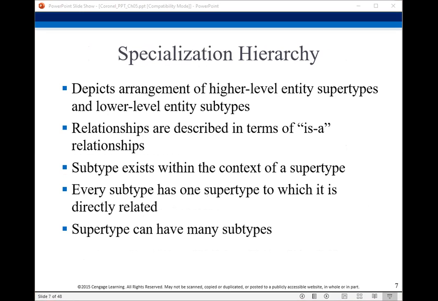So we can also have specialization hierarchies. A student is a person and an instructor is a person, if we have this supertype set up, for example.